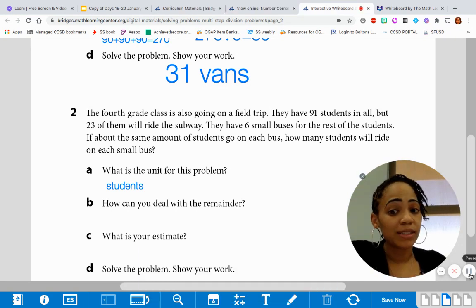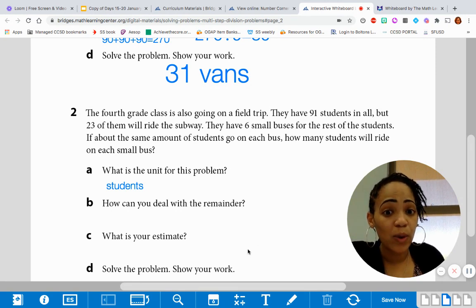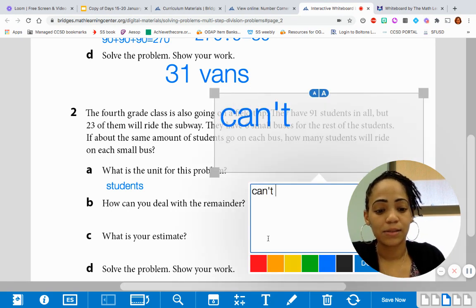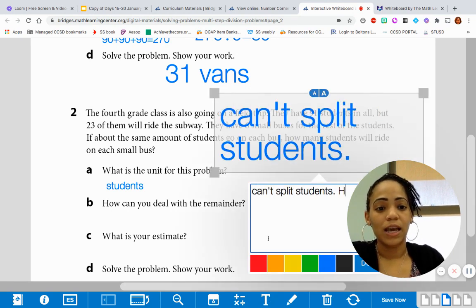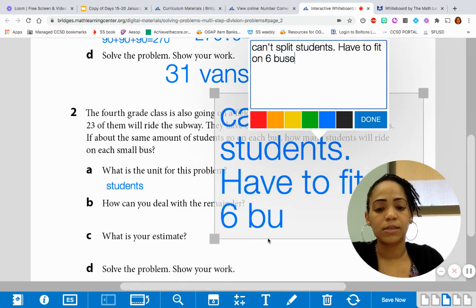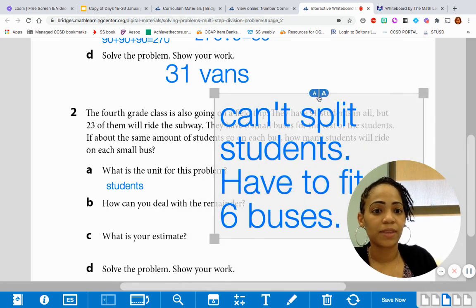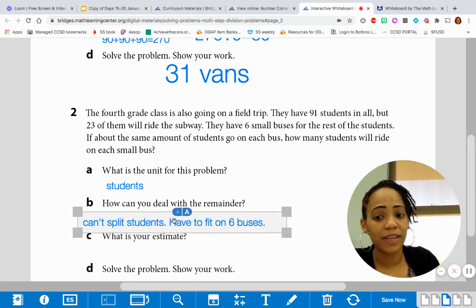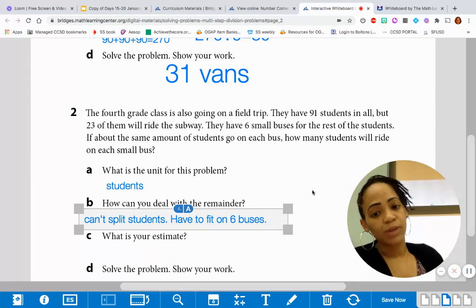Now, for our unit of students, we can't split a student. So we're going to have to fit them on 6 buses. We're going to have to find a way to fit it. So I'm going to put can't split students. Have to fit on 6 buses. Y'all agree with that? I hope so, because that's the truth. If we're given 6 buses, we're going to have to fit these students.